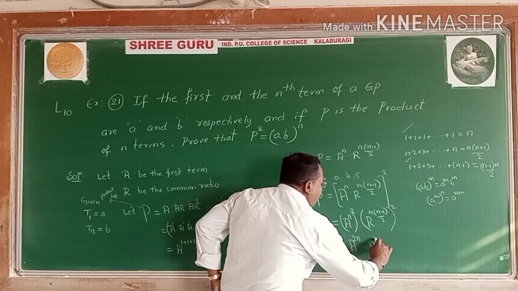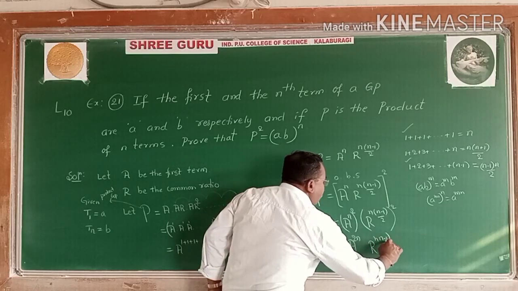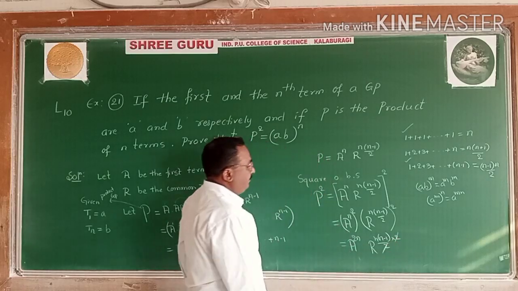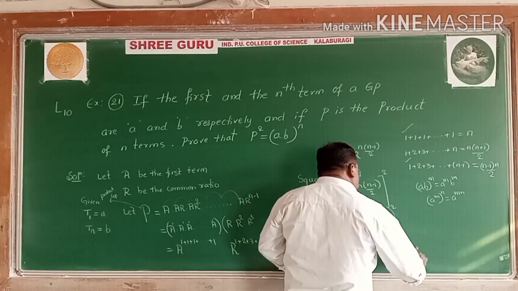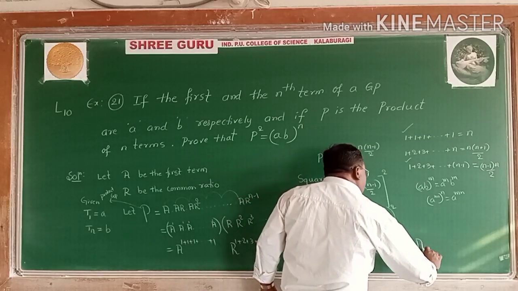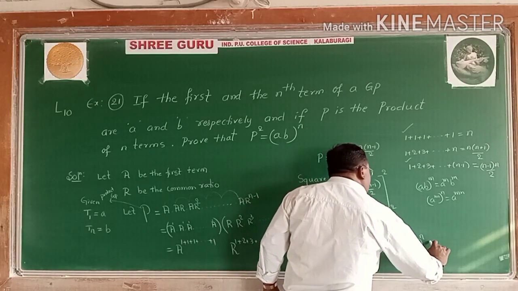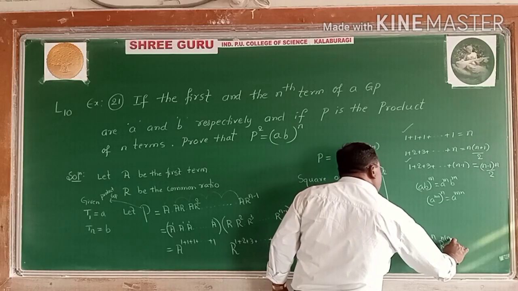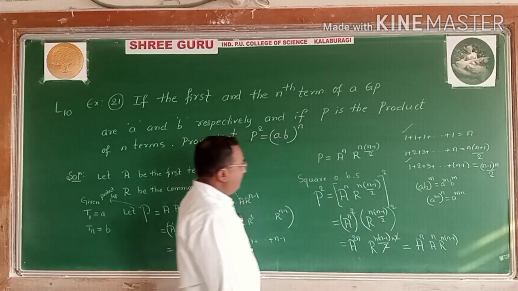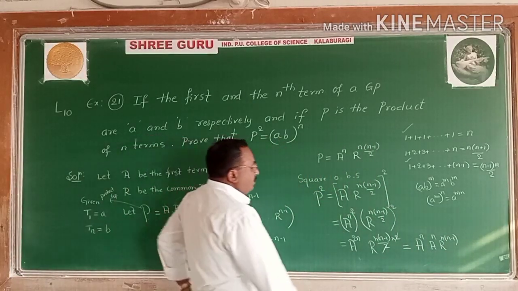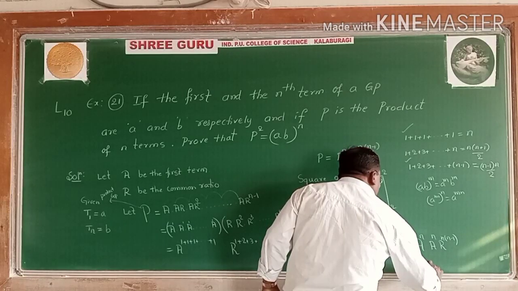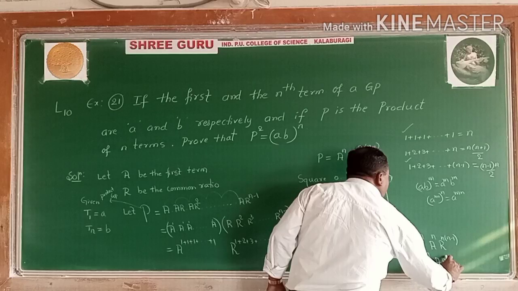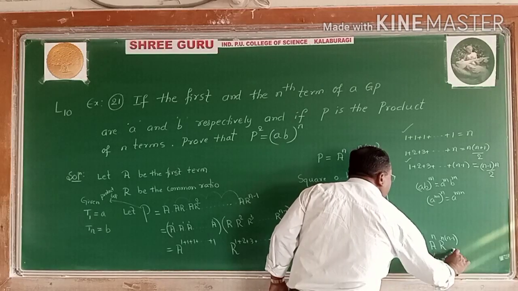In the r term, the 2 and 2 cancel, leaving r power n minus 1. Now a power 2n can be written as a power n into a power n, and same base powers should be added. So it equals a power n into a into r power n minus 1, whole power n.